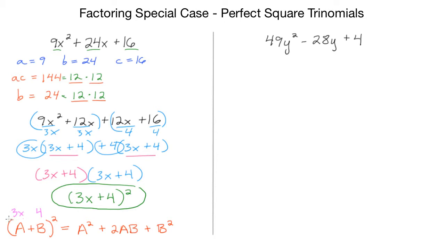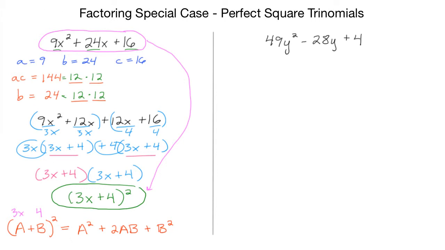Well, what is 2 times 3 times 4? It's going to equal 24. So if you can recognize that 9 and 16 are perfect square numbers and ask whether they're related to the middle term, you might have a special case where you're factoring into a binomial squared, just like that. Let's take a look at another one.